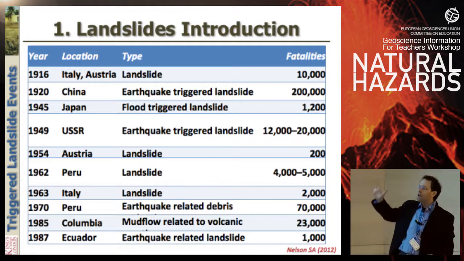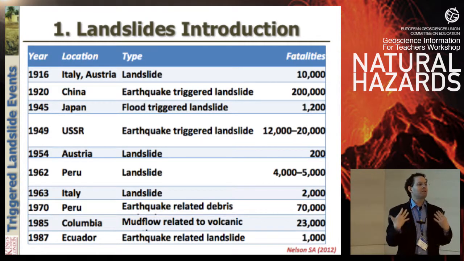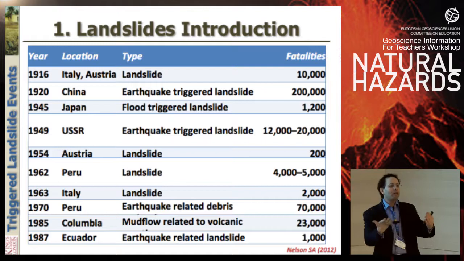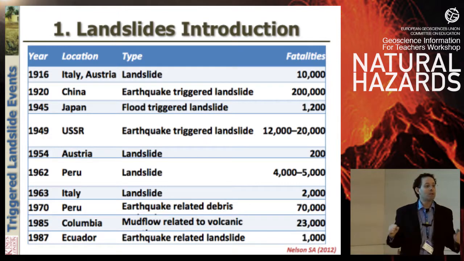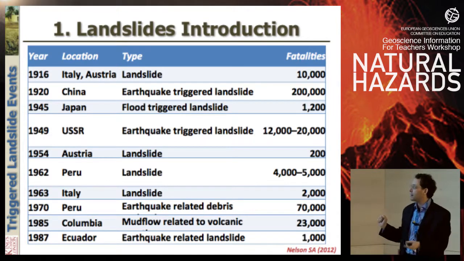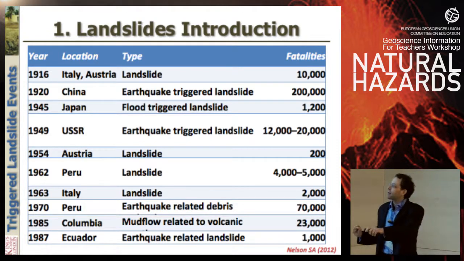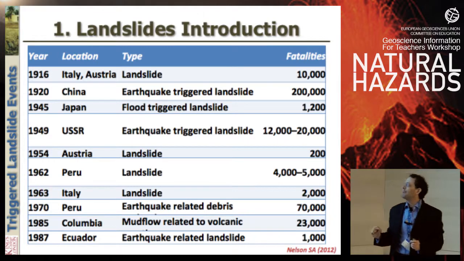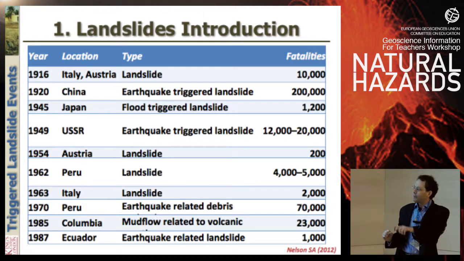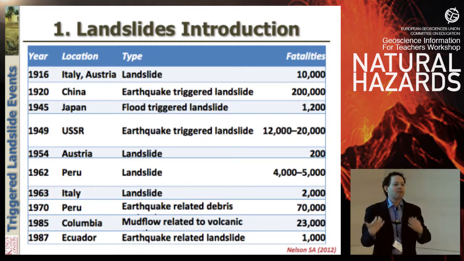As an example, we have had many fatalities due to landslides, like many of the natural hazards that you've been seeing during the course of these couple of days. Just one earthquake triggered landslides that caused 12,000 to 20,000 fatalities in 1949. We've had more recent examples.